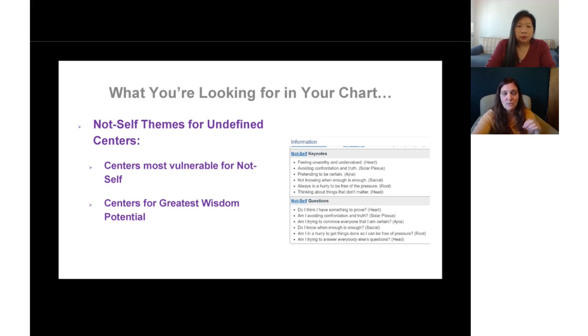Because those white centers are where we're most vulnerable to operating from not-self or from conditioning, looking at the keynotes for each center that you have, and the question that helps you identify if it's that conditioning or that not-self belief or energy that's steering us to feel like we should be doing something or be like this or do this thing this way.